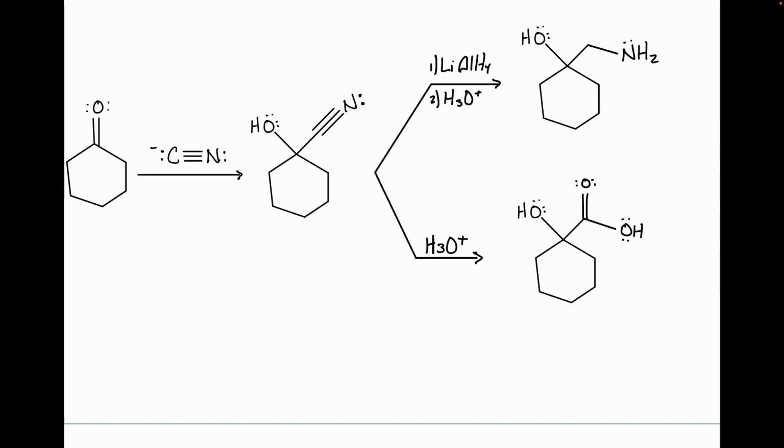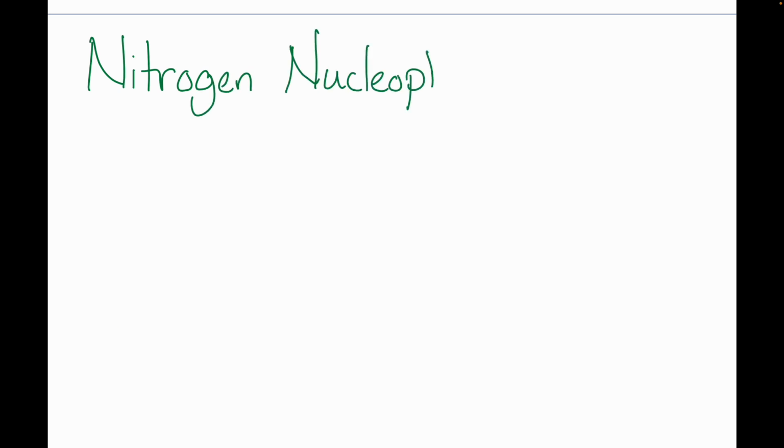All right, and then the last category of kind of weird ones are now nitrogen nucleophiles. Nitrogen nucleophiles are kind of the weird ones when we're talking about our reactions with aldehydes and ketones.